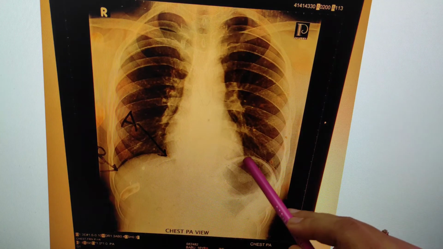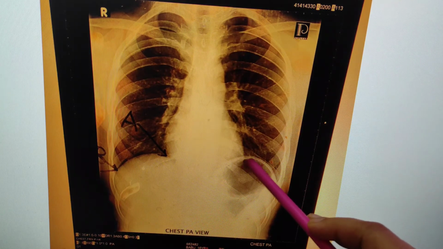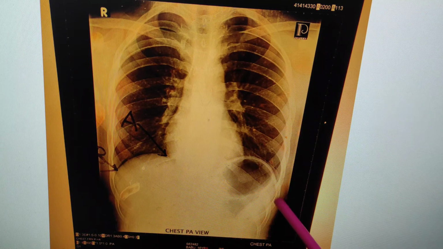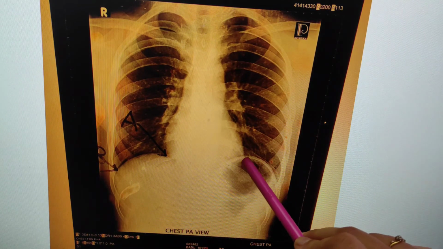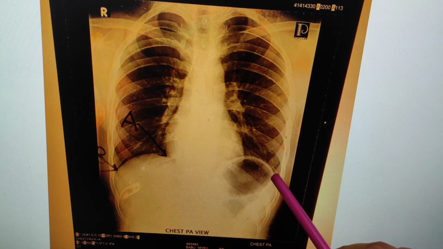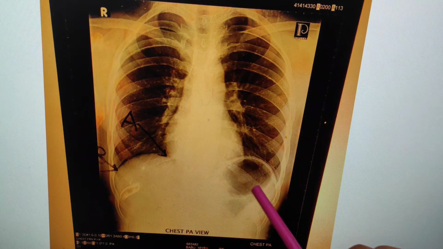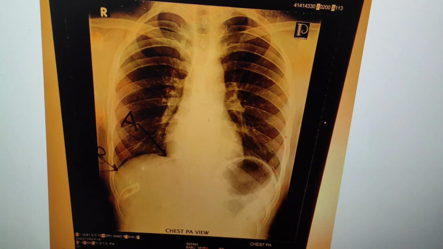Here is the apex of the heart, or you can call it the cardiac notch for the apex, and this is the fundus of the stomach. Look here, there is a demarcation. This is the fundus of the stomach, and this black shadow is fundic gas.